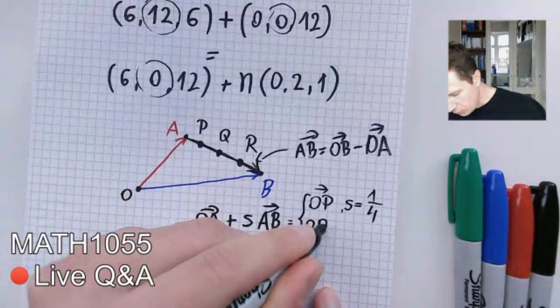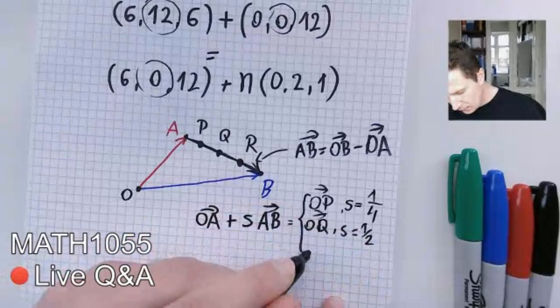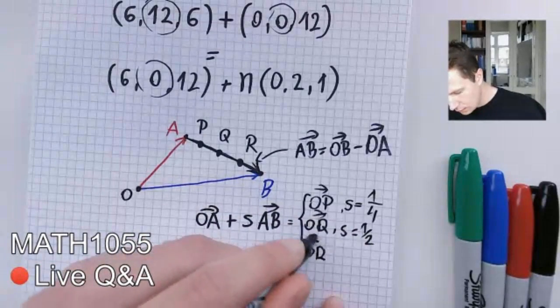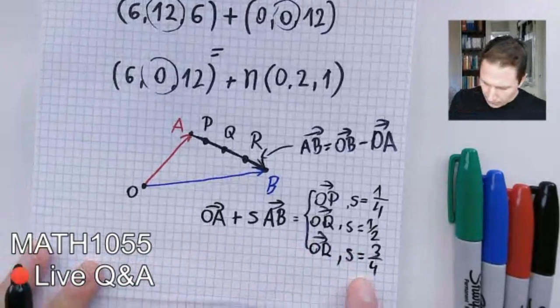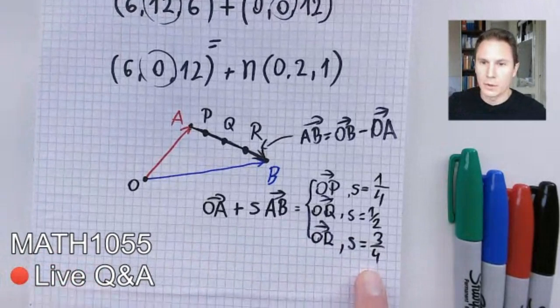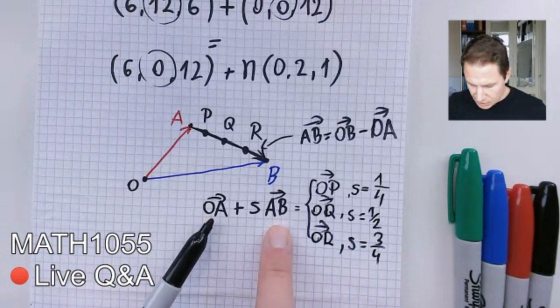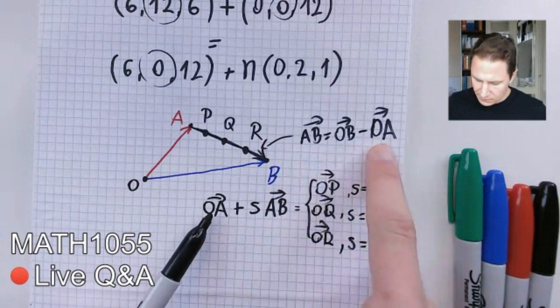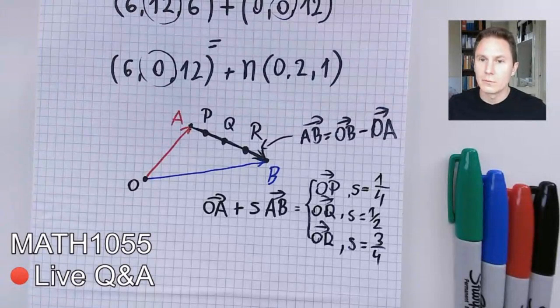Similarly for OQ, s would be 1/2, and for OR, s would be 3/4. If you calculate this combination using that AB is this vector, you will indeed get 1/4 of OA plus 3/4 of OB.